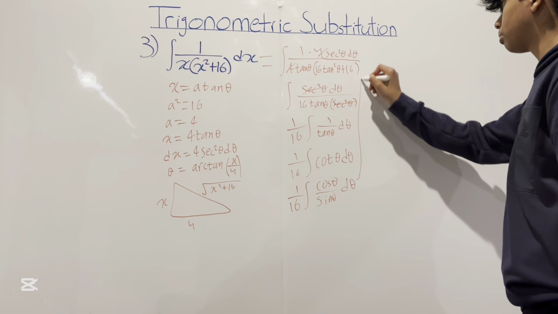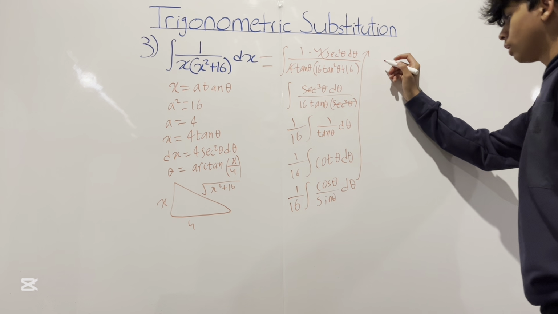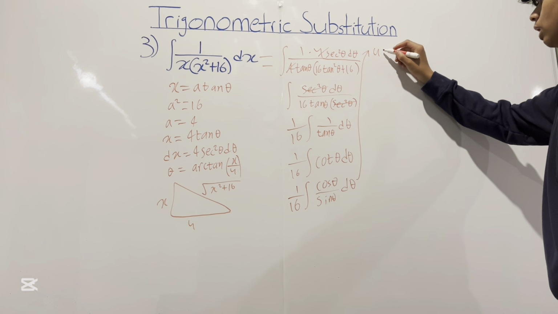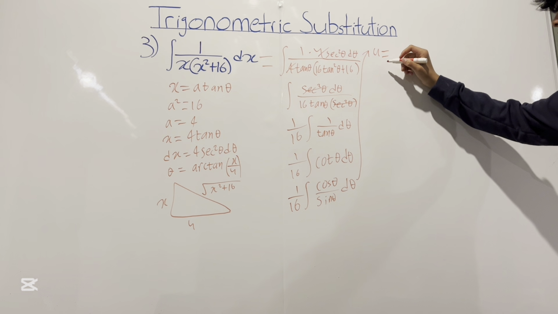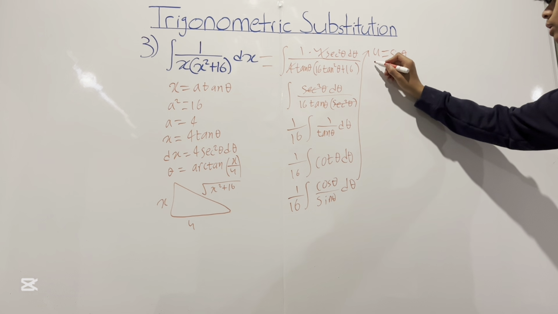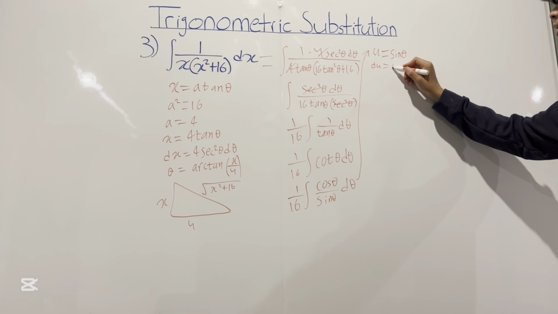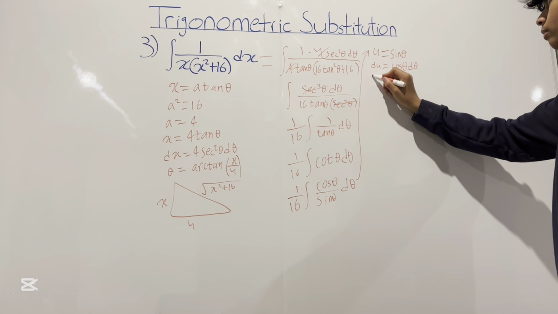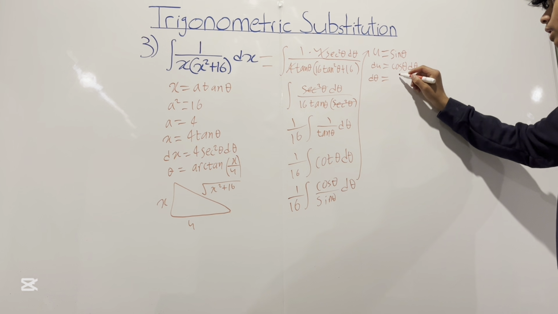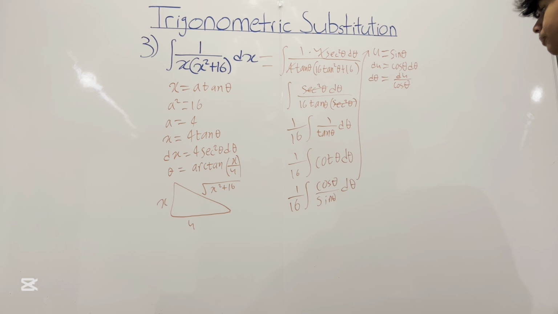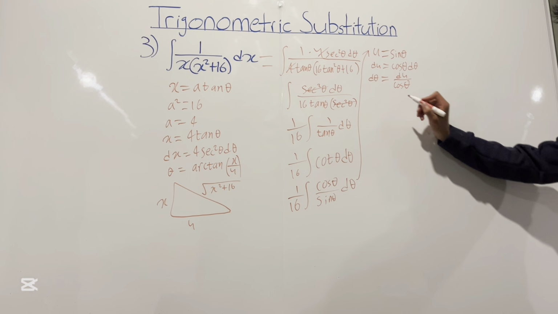Now let's go back up here. So now we're actually going to have to use a u sub along with the trig sub. We're going to set u equal to sine theta. du is equal to cosine theta d theta. And we're going to solve for d theta, which is du over cosine theta. And now let's plug it back into the integral.